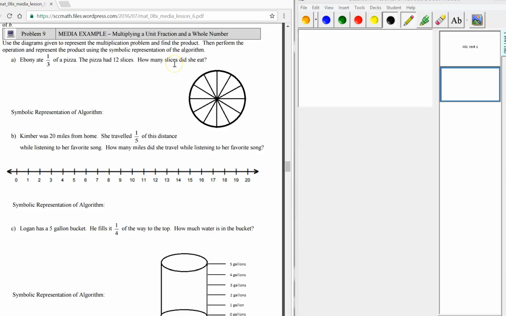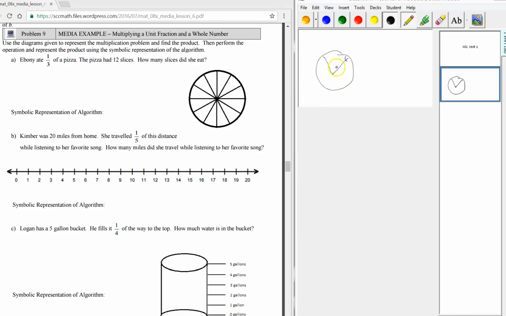If we had asked, Ebony ate 1/3 of a pizza, the pizza had 12 slices, how much pizza did she eat? That would be a bad question, because how much pizza wouldn't be a unit of measure that we could clearly differentiate.